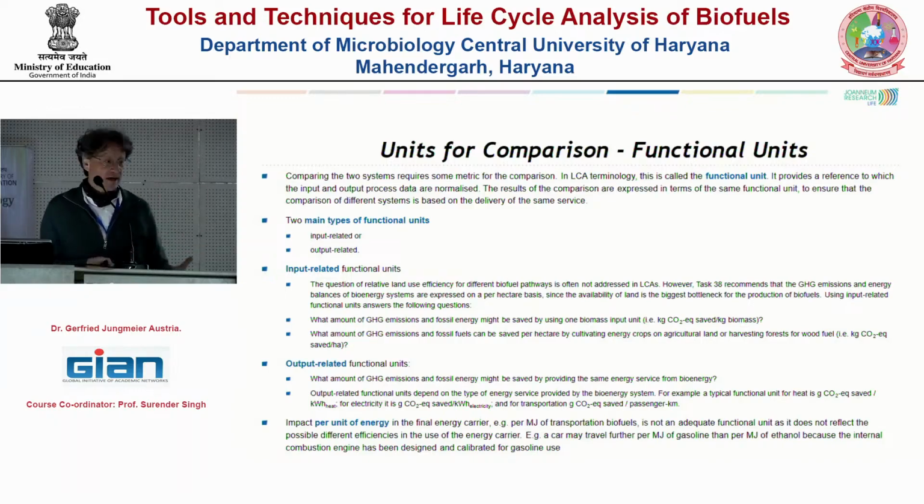Or in forestry, I have a tree and I want the most sustainable use of that tree. Yeah. And so this is at the very beginning of the LCA. So it's called an input related functional unit. And then you get a result that per ton of wood, you might save in case 1, 10 tons of CO2, and in case 2, only 5 tons of CO2.